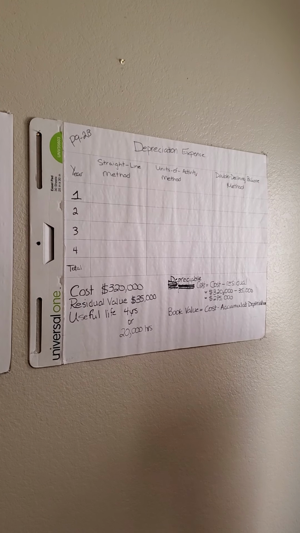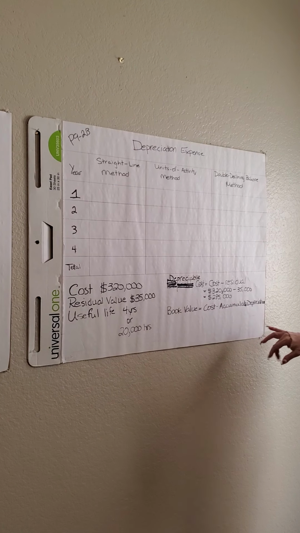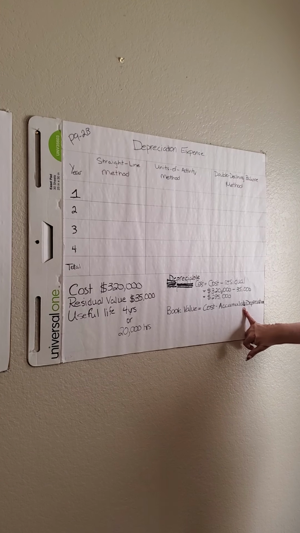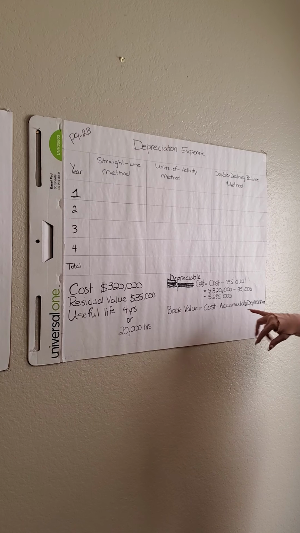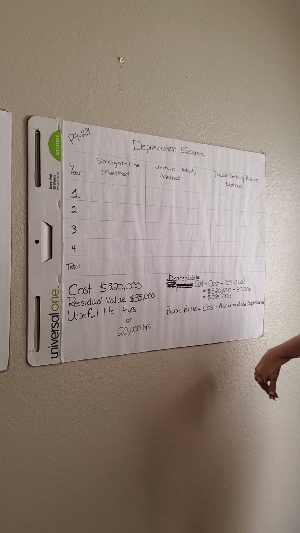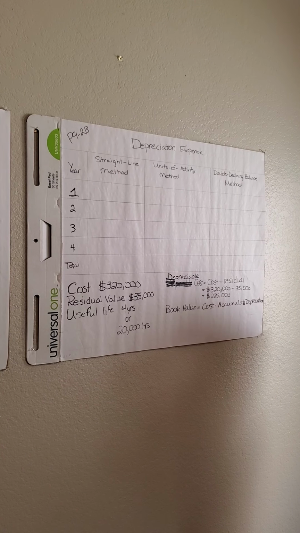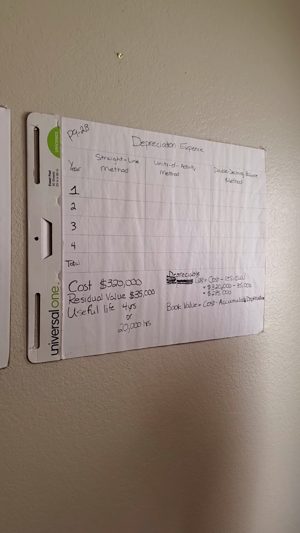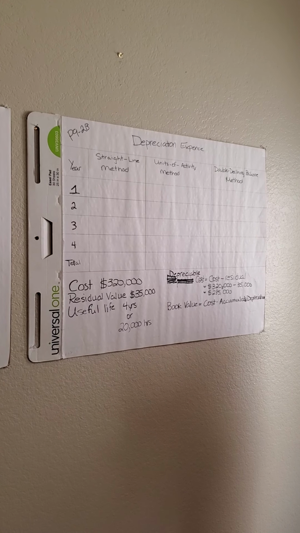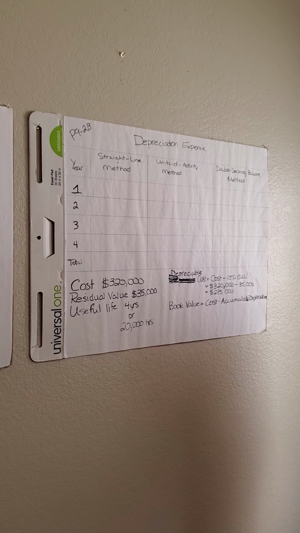Remember, accumulated depreciation is that contra asset account that's used to offset the asset on the balance sheet. So book value goes down each year that we take depreciation as that accumulated depreciation account goes up. So I think we've got everything here so that we can start the three methods.